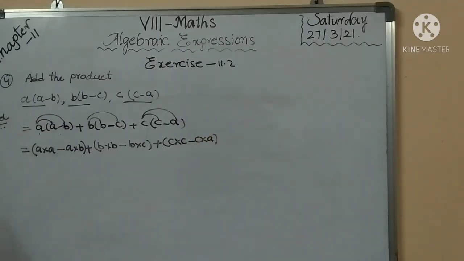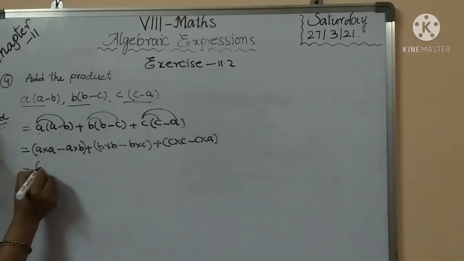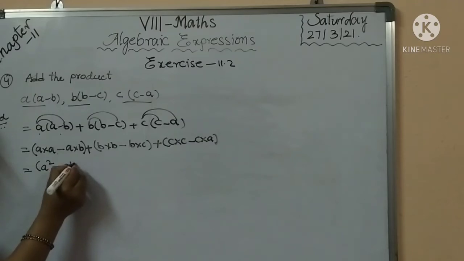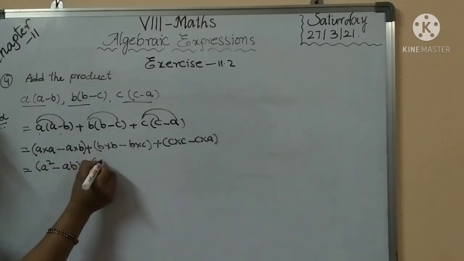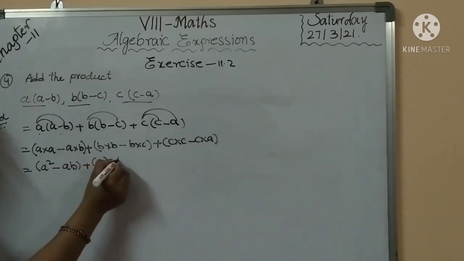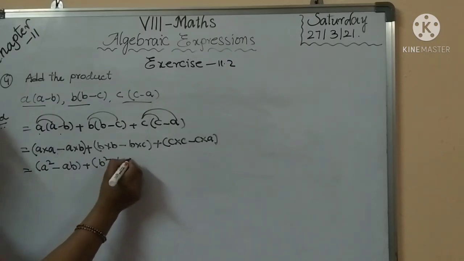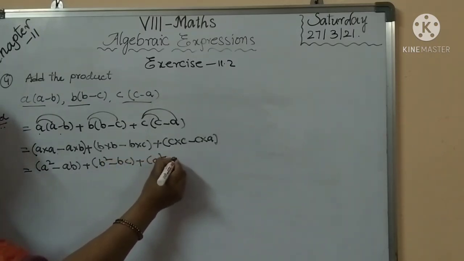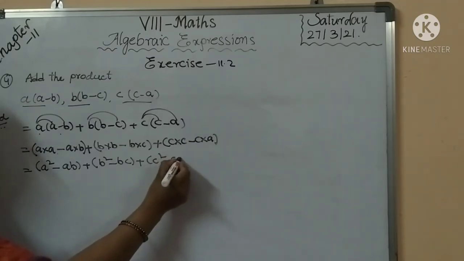Okay, so here a into a square minus ab plus b into b square minus bc plus c into c square minus ca.